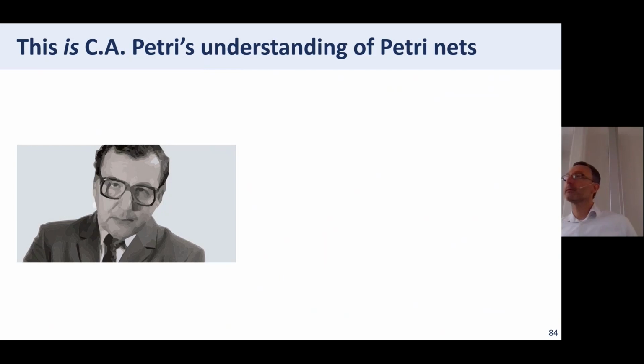A token describes an object in a universe. It can be as small as an atom or as large as this building, if you want. It's a thing. And it moves through space and time.